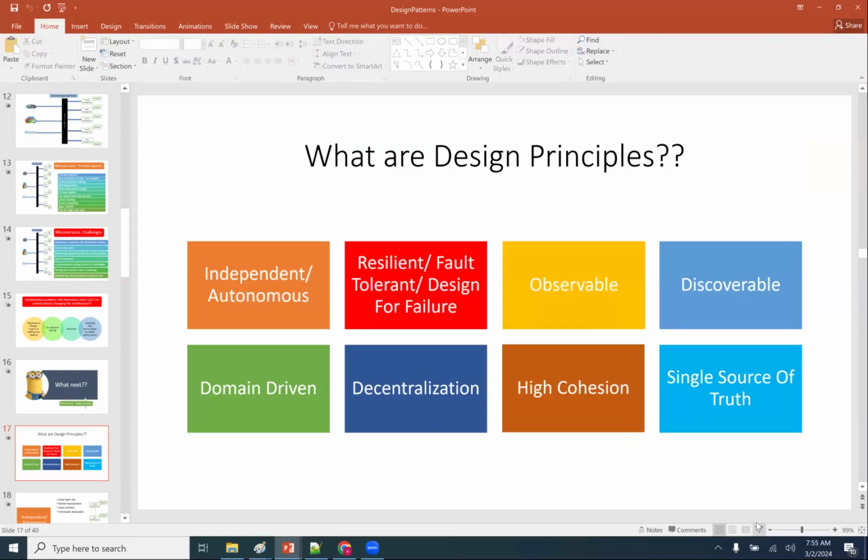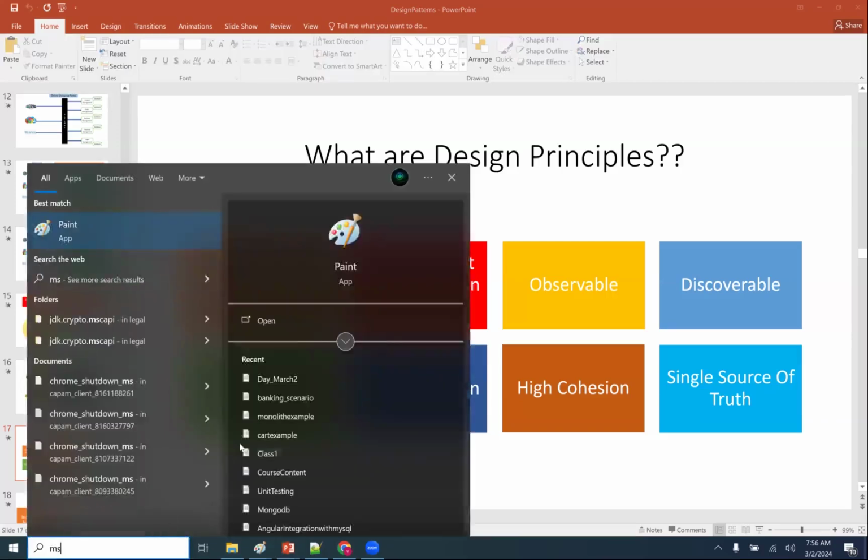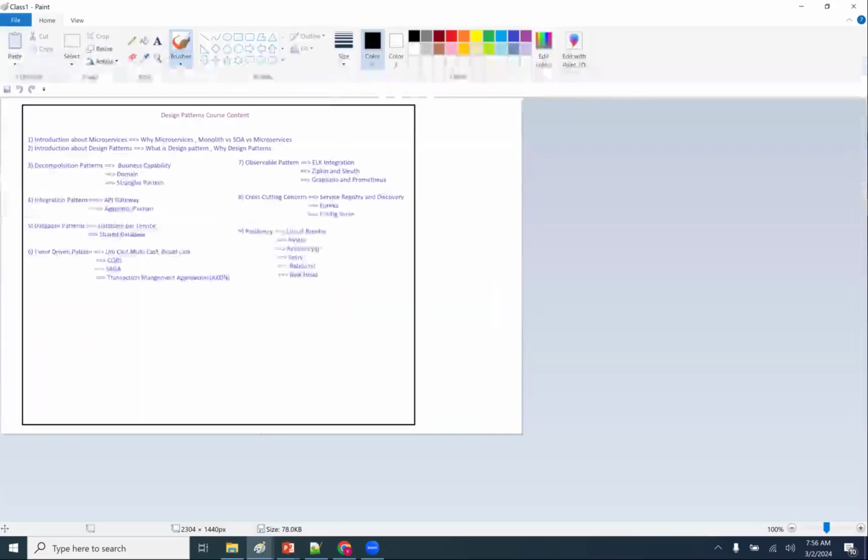Why microservices? What are the design principles? So I completely gave the introduction and overview. In the six classes, I covered the overview and complete gist. That's what I gave you from this particular introduction point of view, guys.